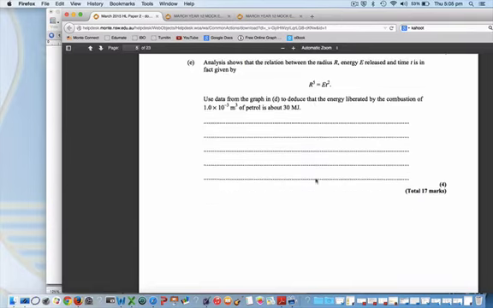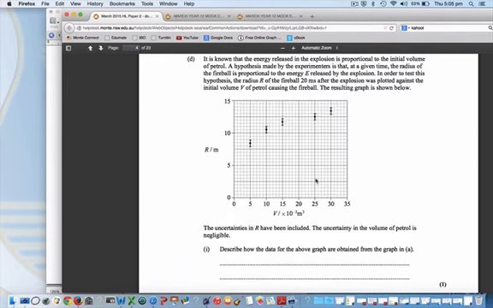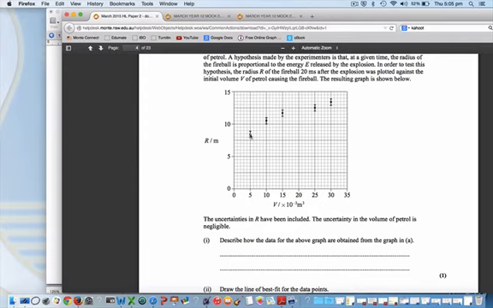The way that the official mark scheme wants you to answer this is to pick a point, say 10, and to substitute relevant values.